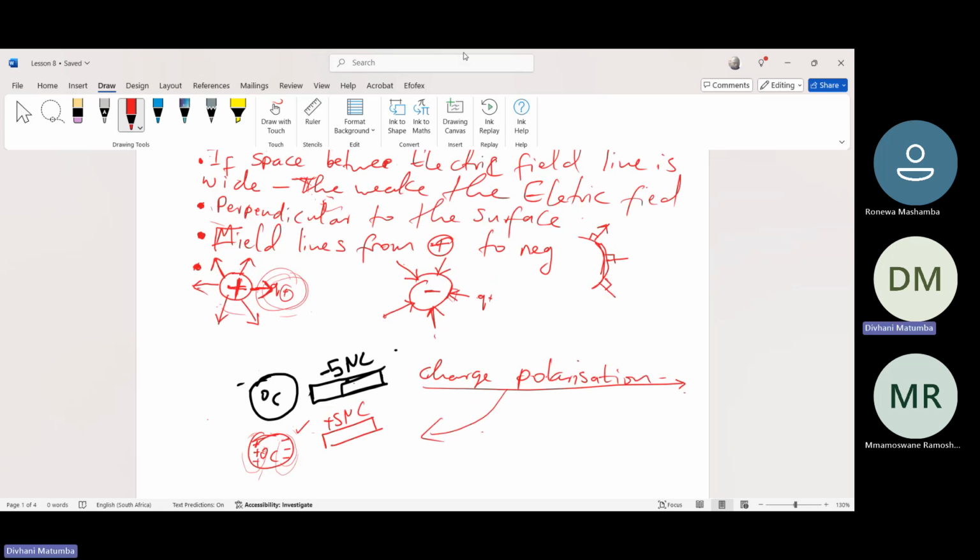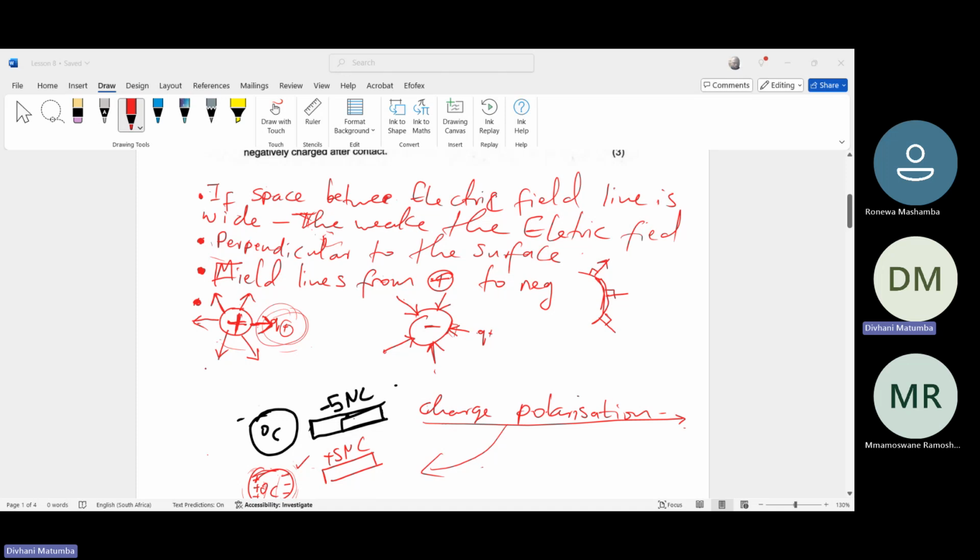So the other point on electric field lines. Ronewa, are electric field lines allowed to cross each other? No, sir. They do not cross. Okay, what's the other point I can emphasize?